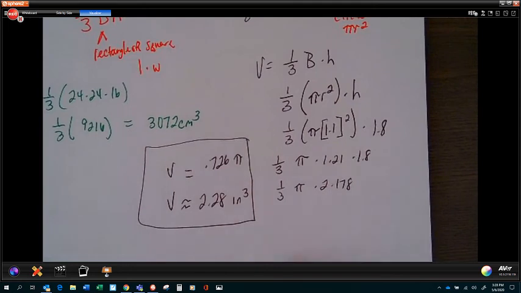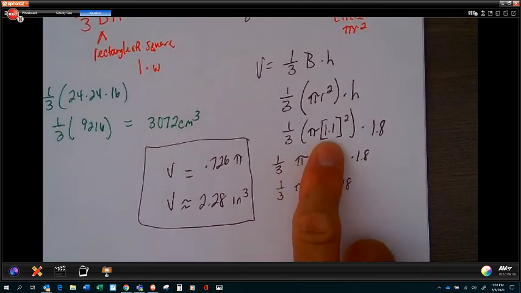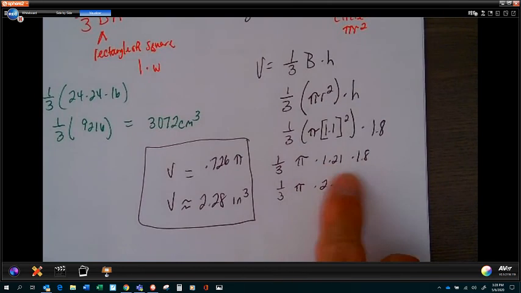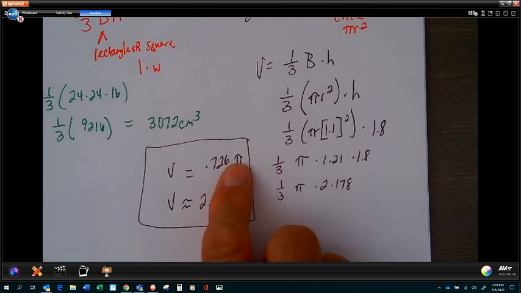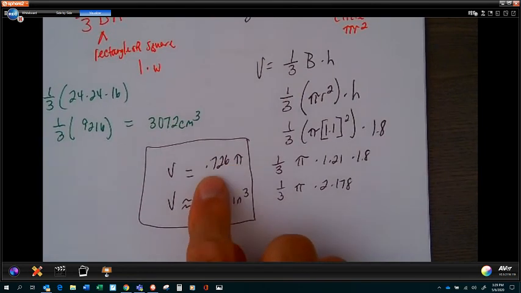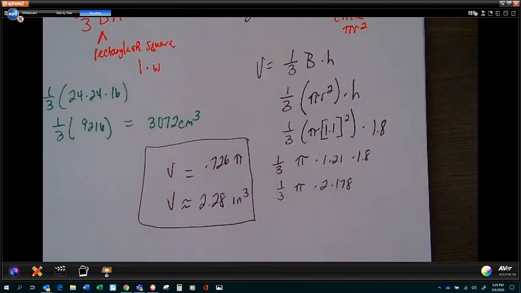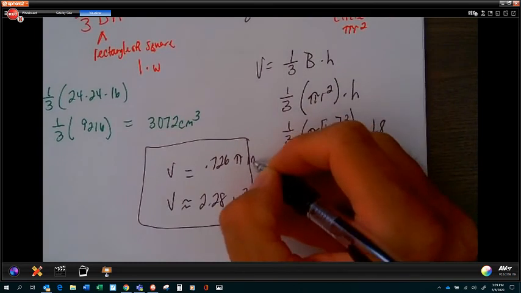Okay, here's all the work. 1/3 pi times 1.1 squared is 1.21. The height is 1.8. Multiply these two together, 2.178. If we take a third of it right now and just leave it with pi for an exact answer, the volume would equal 0.726 pi inches cubed.